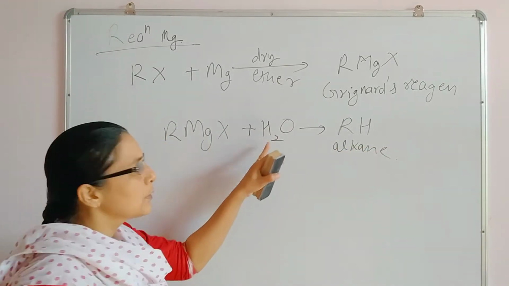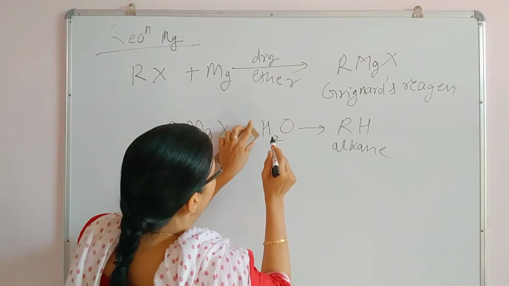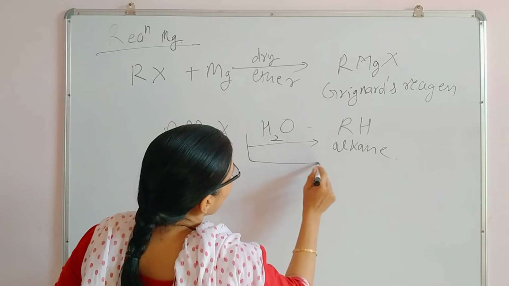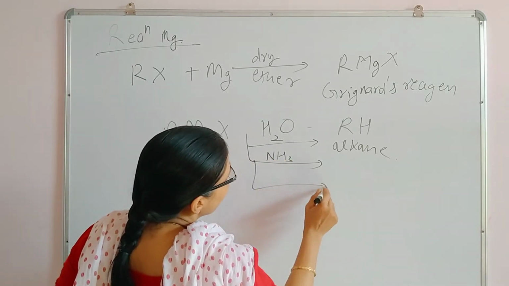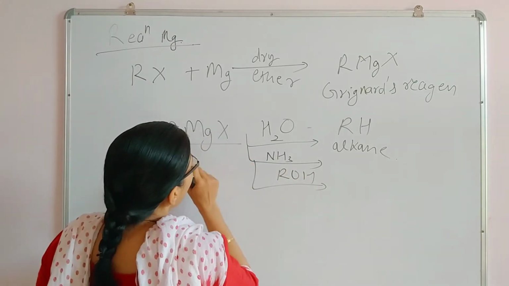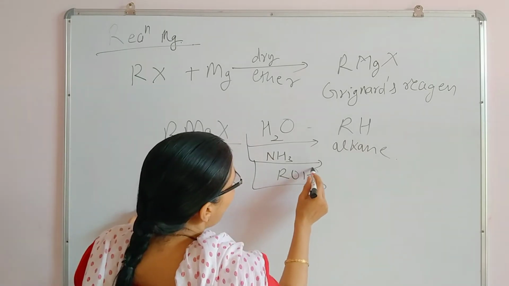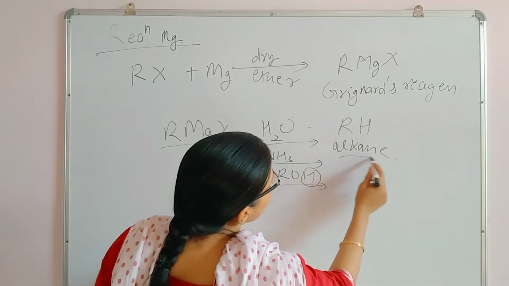Because active hydrogen containing compounds like H2O, like ammonia, like ROH, all of these will react with RMgX and there will be formation of RH. RH means alkane.